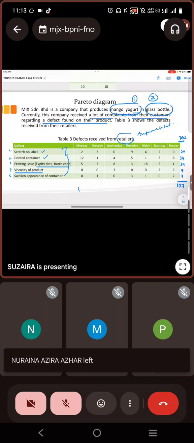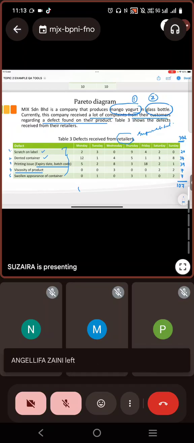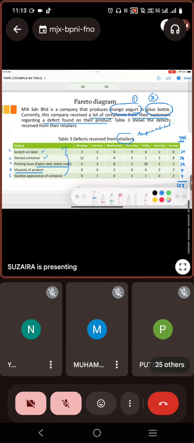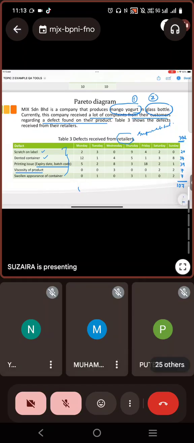So now, once you already have that, what is the percentage? Wait a minute. For the percentage, by right we need to arrange them accordingly. Number one would be which one? Printing issue.